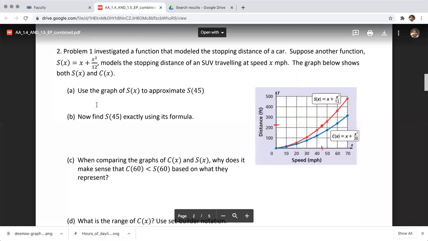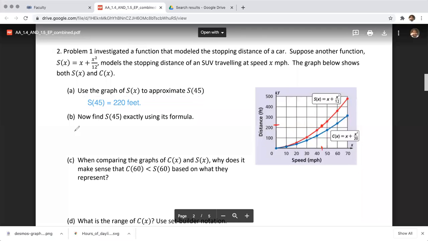So I'm going to say here that S of 45 is approximately equal to 220 feet, meaning it will take my SUV 220 feet to stop if I'm traveling at 45 miles per hour.